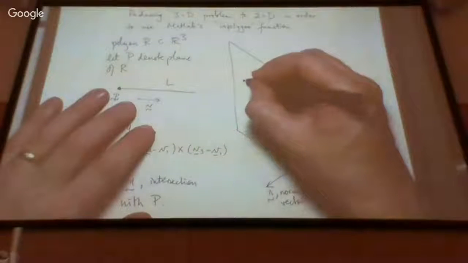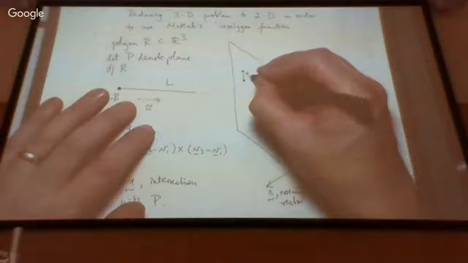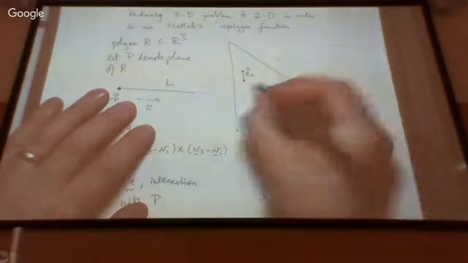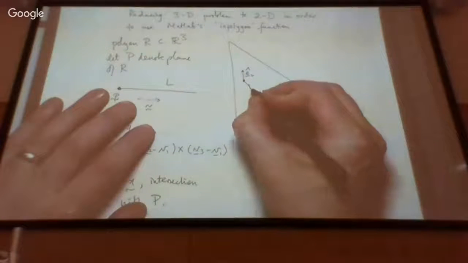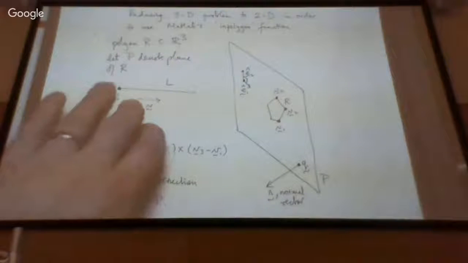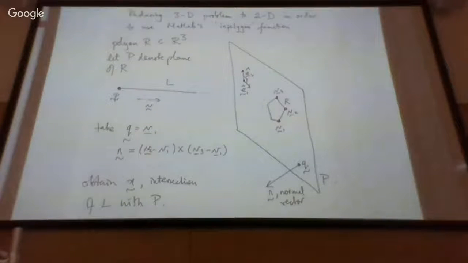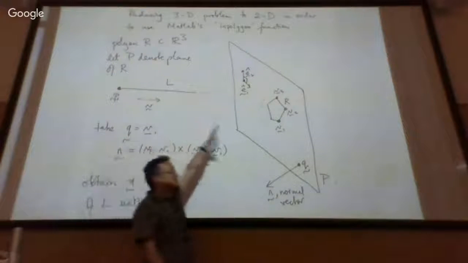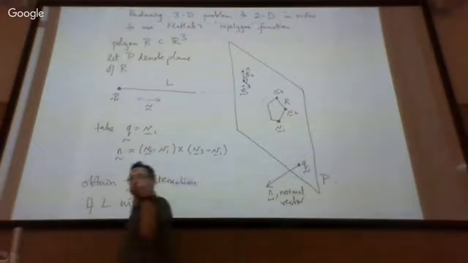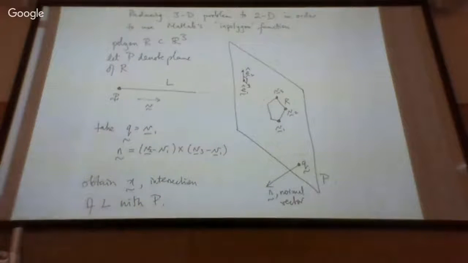If you wanted, you could just add in here a little sketch. You've got e2 hat going up this way, e1 hat coming down here, and there's a nice right angle between them. There are two vectors lying along the plane. So this will be my basis for P. It's just two vectors that generate the whole of P.